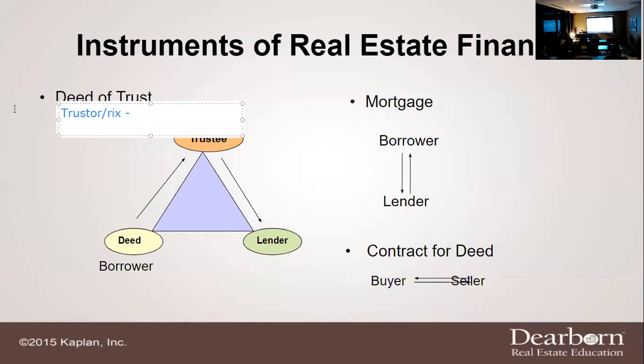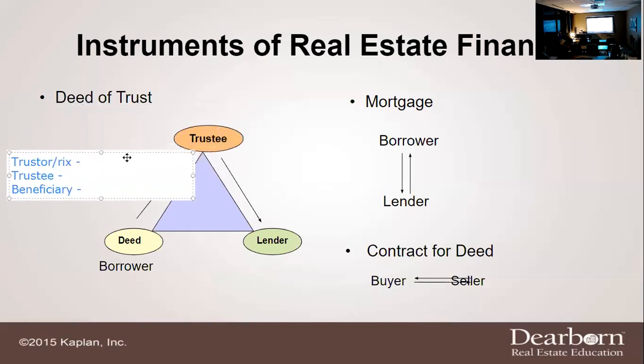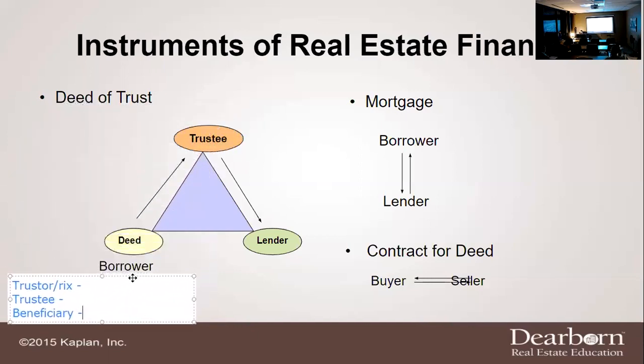Then there's going to be the trustee. And then there is the beneficiary. I'm going to move this down here, so it's out of the way. Y'all can still see the chart.